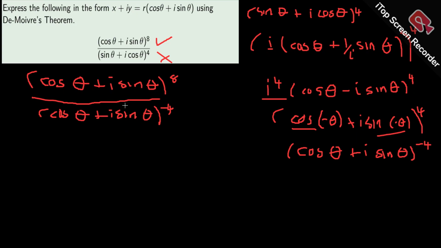This is the same base, so we maintain the base and we subtract the powers that we have. So what we're going to have is actually cos theta plus i sine theta, then 8 minus negative 4, that is going to be 12.